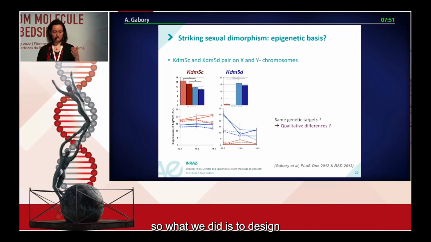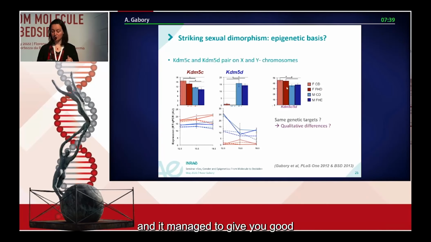So what we did is to design, actually there is one place on the mouse genome where you are able to put a forward and a reverse primer to see the two transcripts at the same time. And it managed to give you good quantitative PCR.